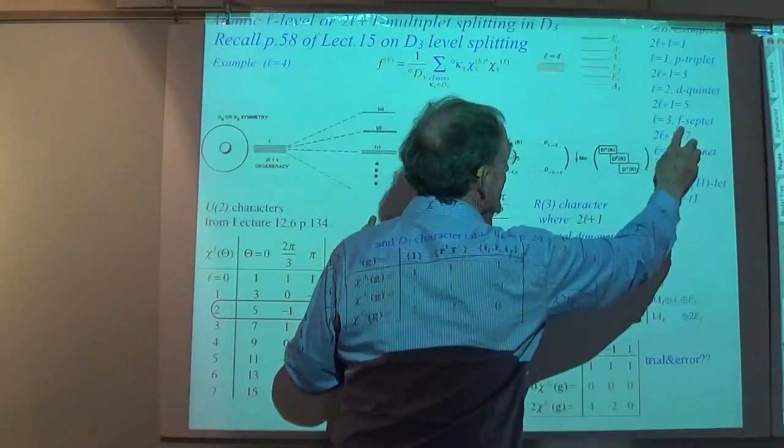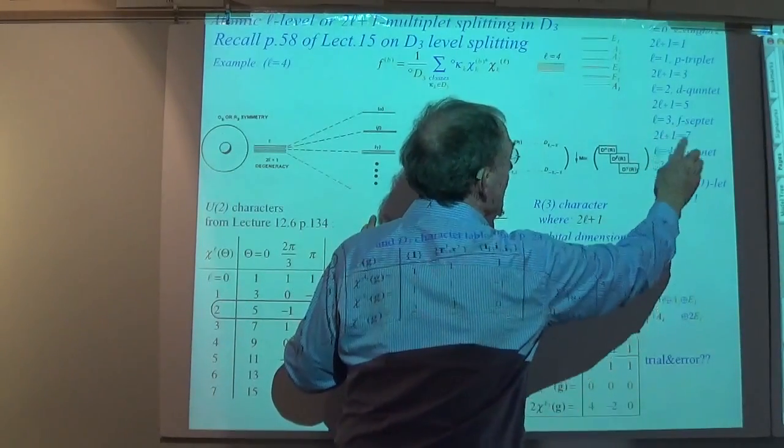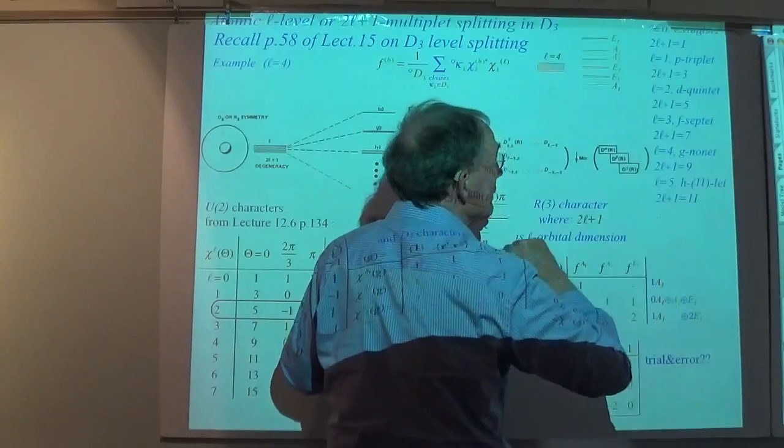Angular momentum 3 that we were just talking about, the F septet, there's 7 of those, okay.